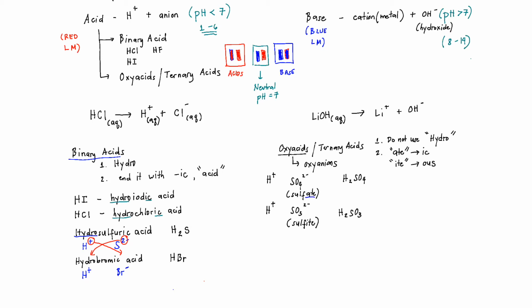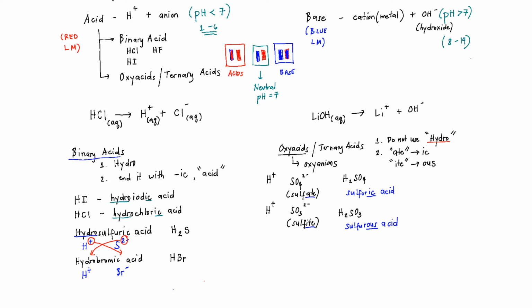So the name of this acid is sulfuric acid. Take note, I don't use the word hydro; there is no word hydro here. And then this one would become sulfurous acid. Basically, this one ends in ite. Therefore, if it will be an acid, that will be ending in ous.